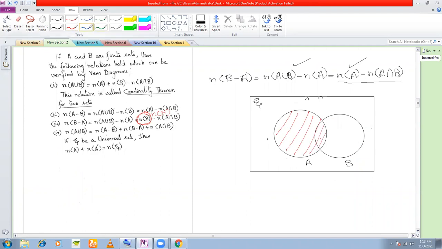Okay, and from A you are removing all the elements of the common part, A intersection B. So you are left with only this part. Okay. So this part is B minus A. And see, we have got B minus A.